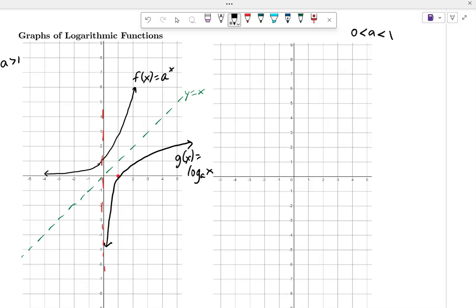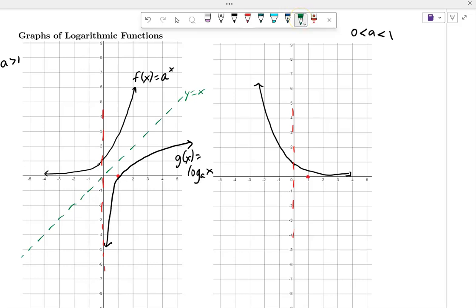Doing the same for the other graph, between 0 and 1, what does your exponential function look like if it's between 0 and 1? Down and to the right, so it'll go this way. Again, your y-intercept becomes what? It becomes an x-intercept, right? Your horizontal asymptote becomes a vertical asymptote.